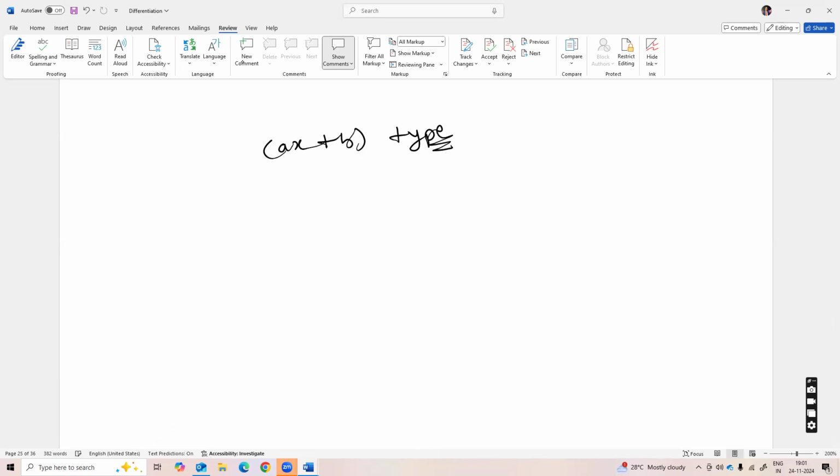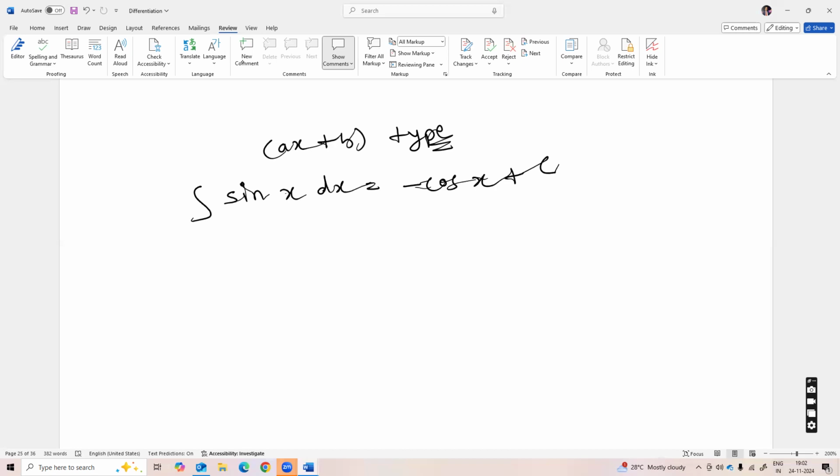As we have seen, the integration of sine x dx is given as minus cos x plus c.